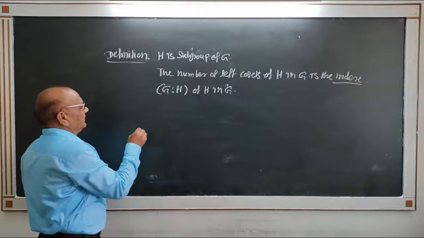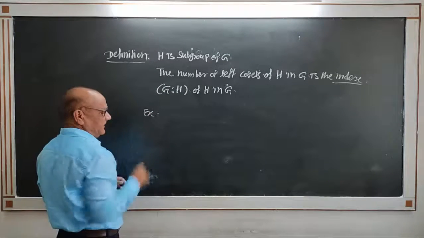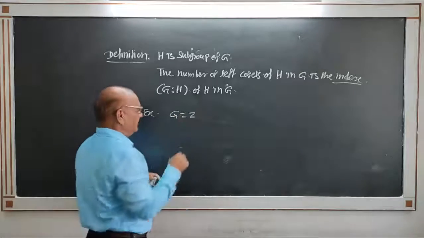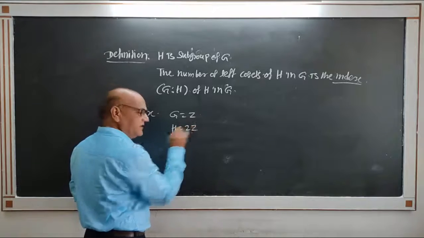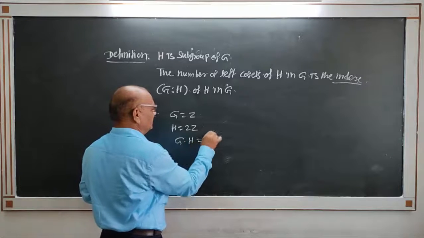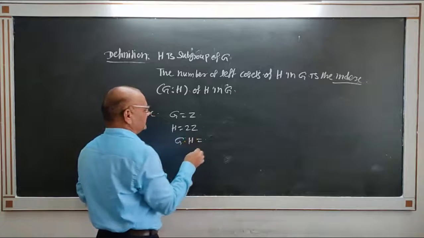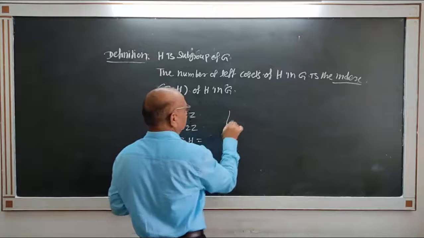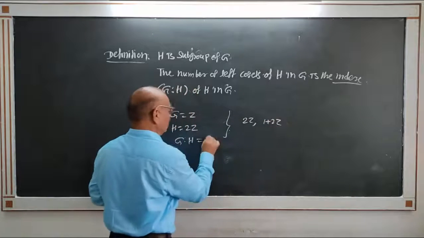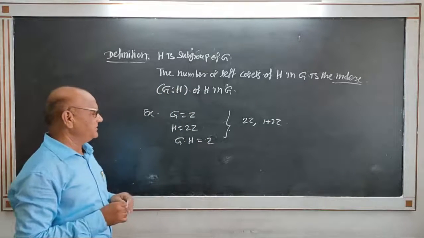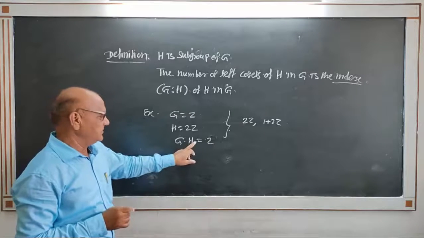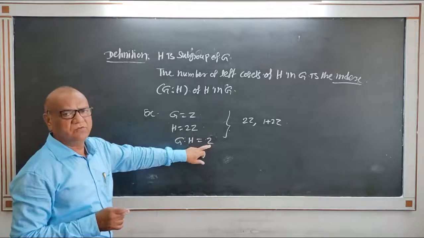For example, here G is equal to Z and H is equal to 2Z. Here G : H is the number of left cosets, 2Z and 1 plus 2Z. That means G : H is equal to 2.